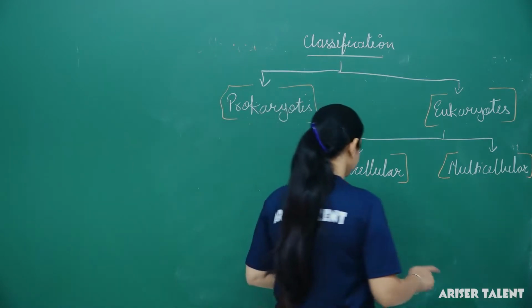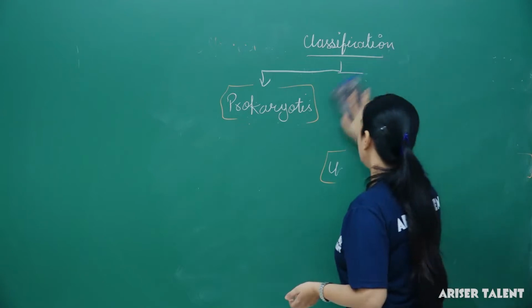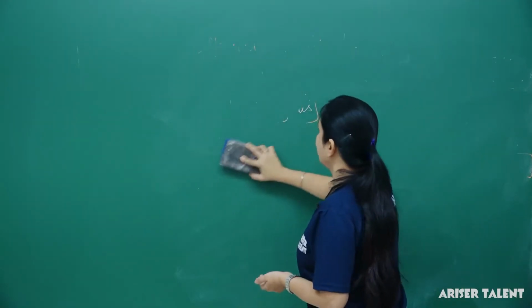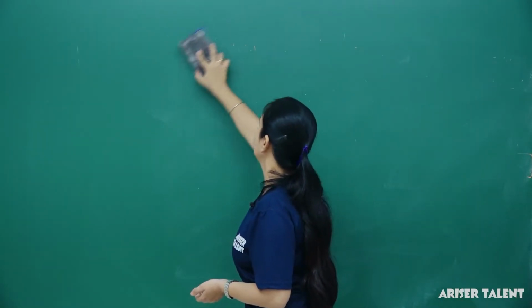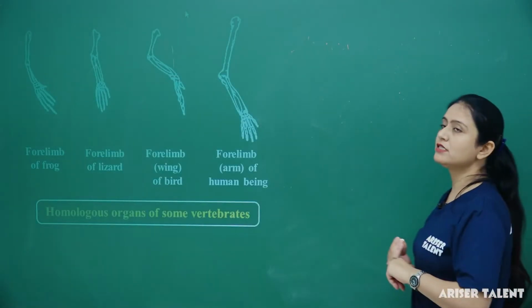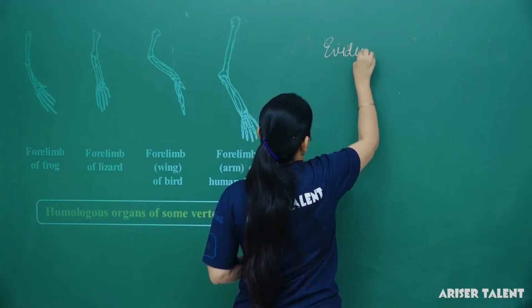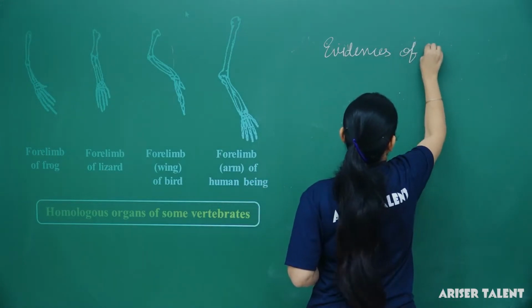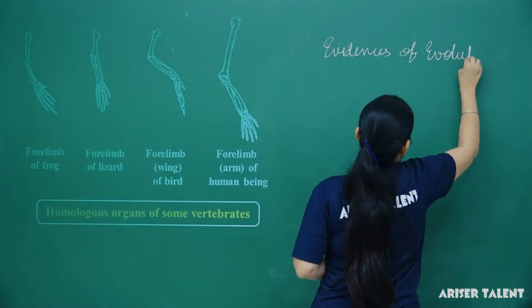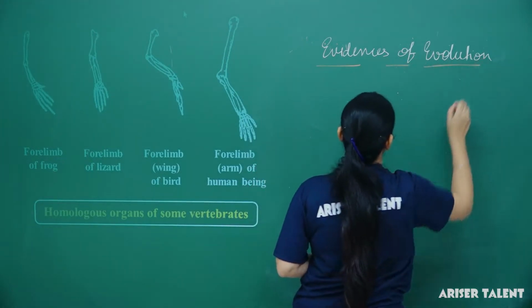Now we will talk about evolution. How the evolution has occurred, I have already told. Now we will talk about the different types of evidences of evolution. Generally, there are different types of evidences.